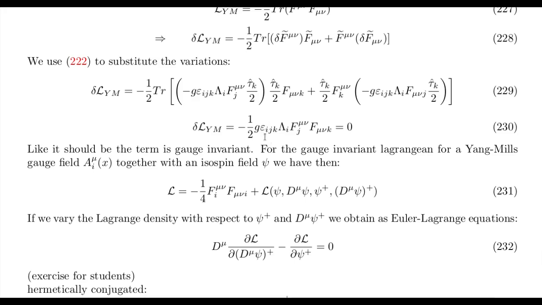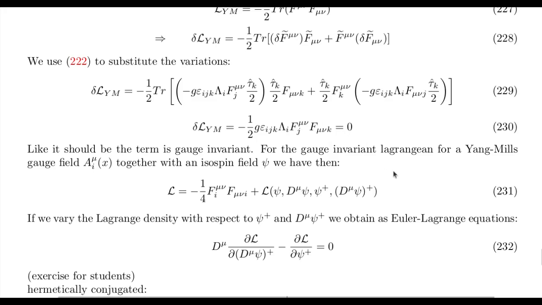Then we have the two f factors, field tensors with indices for the isospin j and k. That means only if these two indices are equal, we get a value unequal 0. And so the whole term is 0.